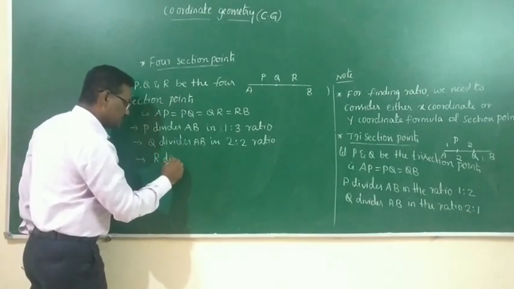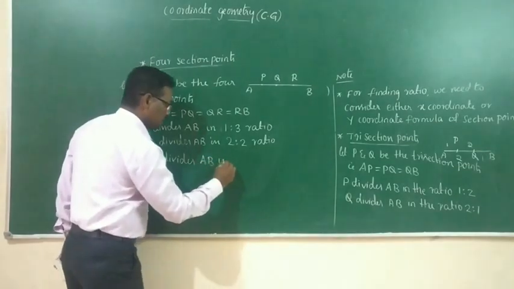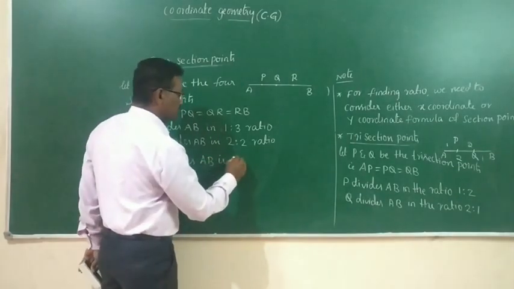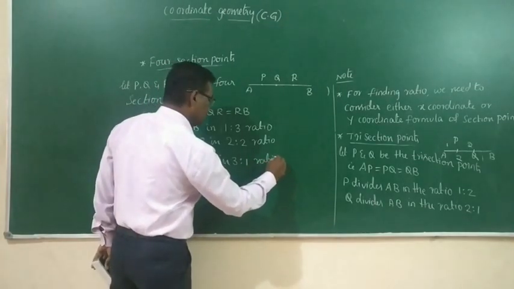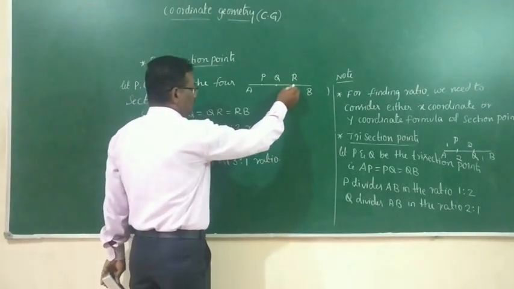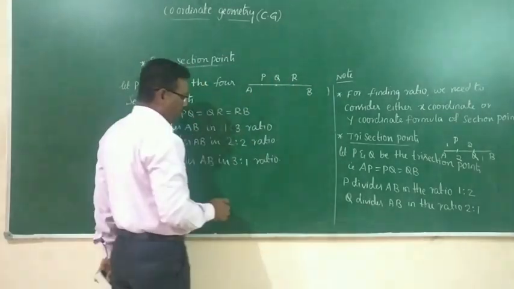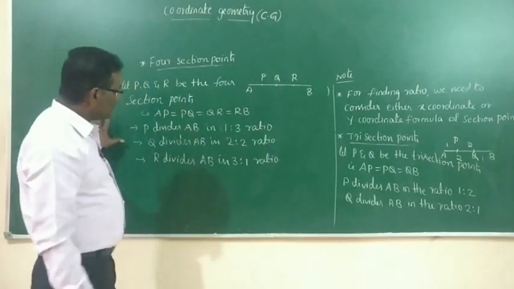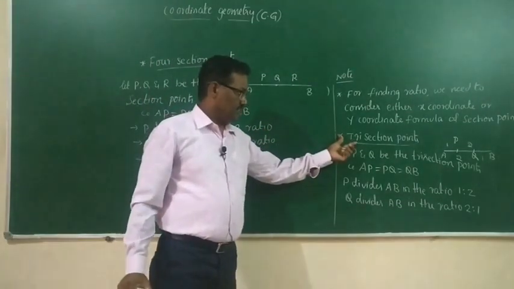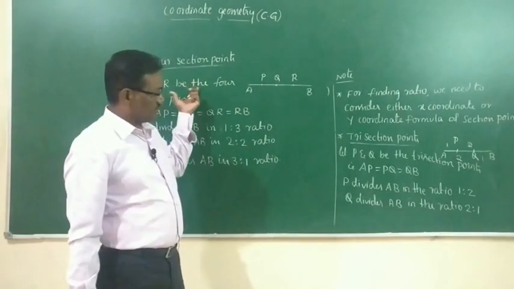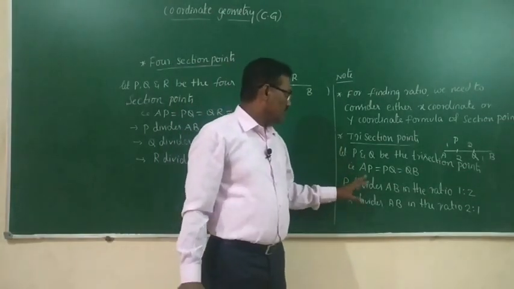R divides AB in the ratio 3:1. R to A 3 parts, R to B 1 part. Here, sometimes in the question they ask for trisection or four section points.